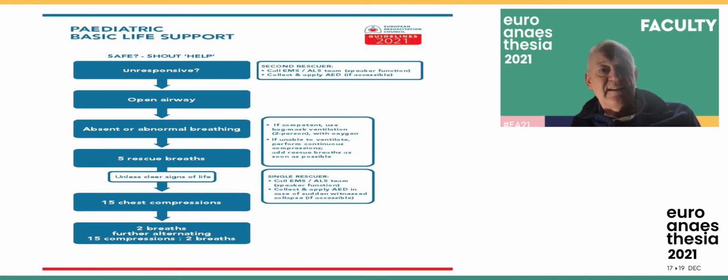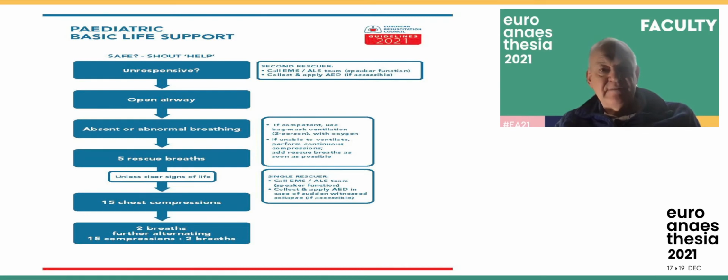And if there's a second rescuer at this time, then the EMS team should be alerted as soon as possible. Having a speaker function, for example, having a call dispatcher, this is for lay bystanders, has been shown to improve, certainly in simulation work, the delivery of CPR by non-trained individuals.